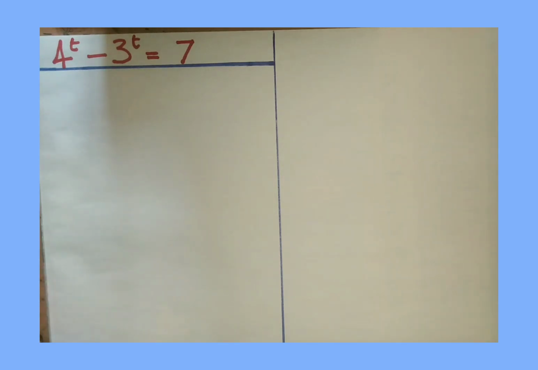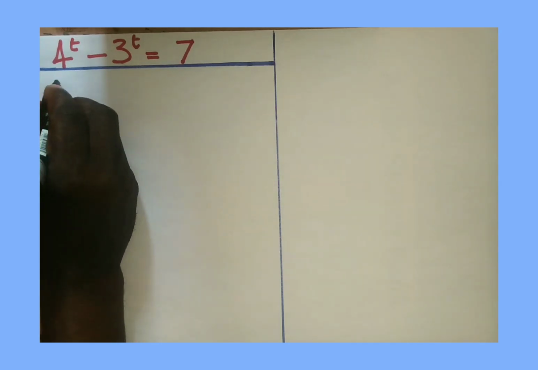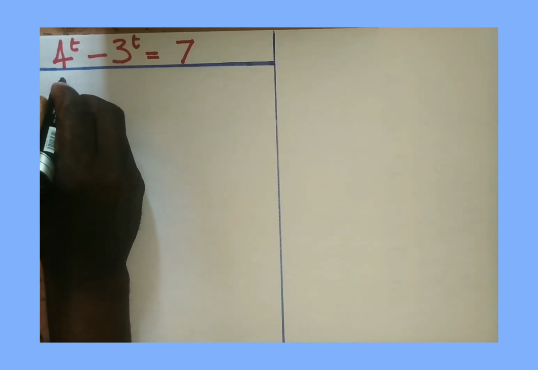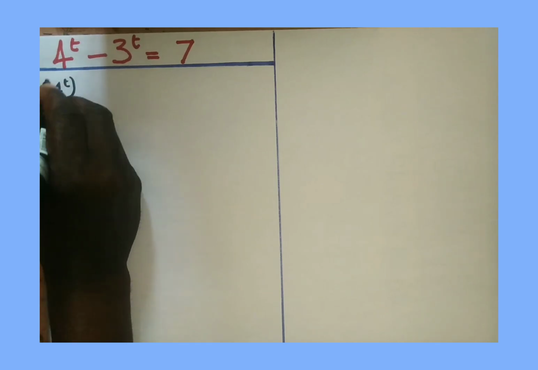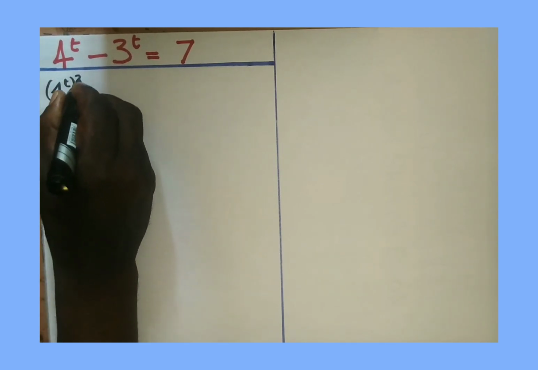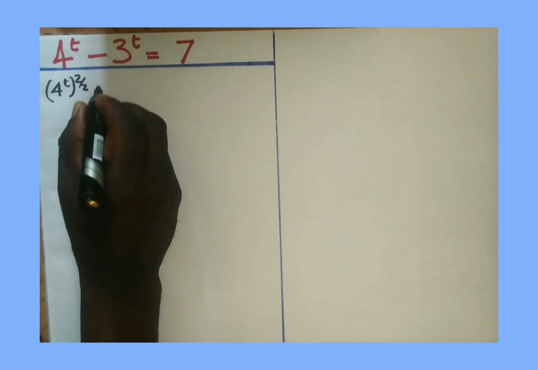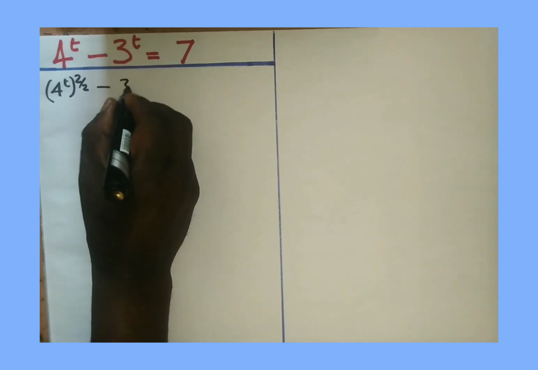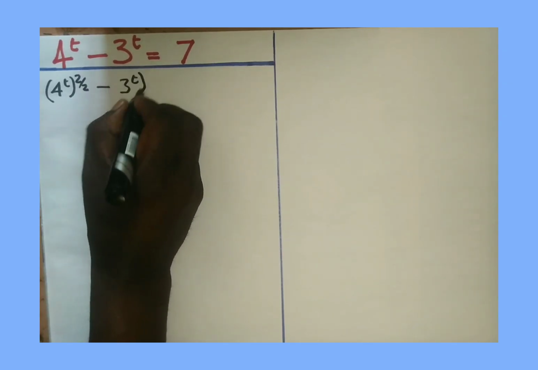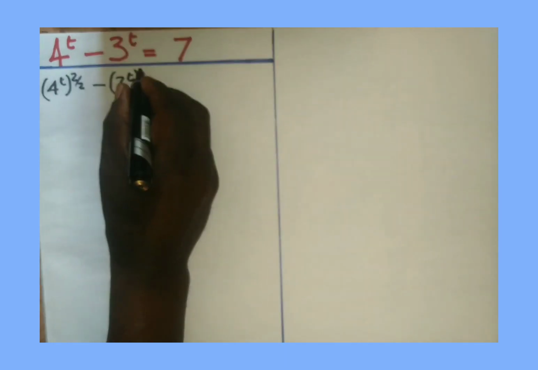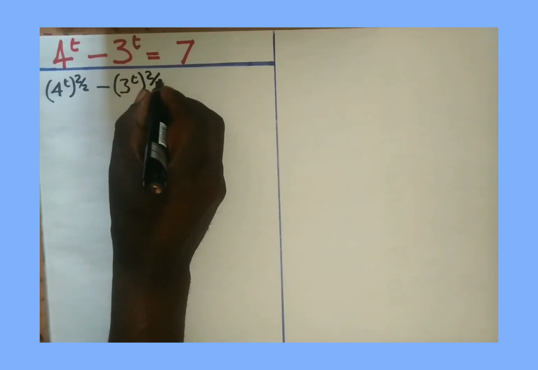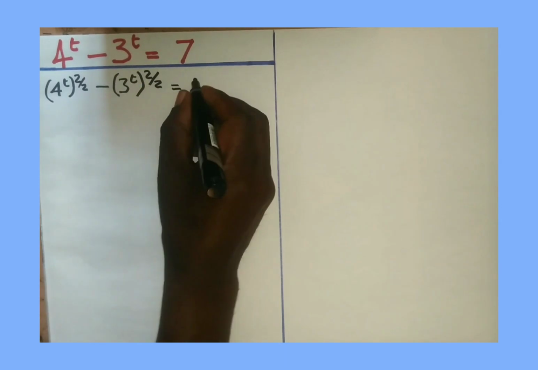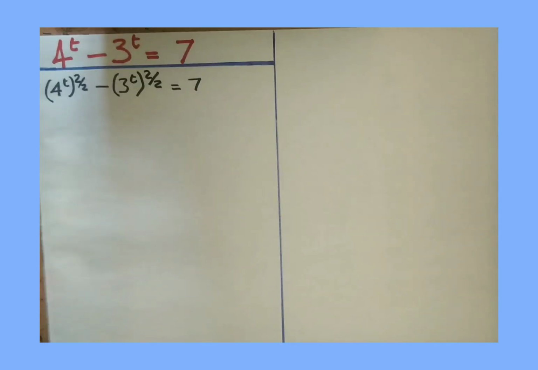So now how do we solve this? First of all, let's play around with the powers of 4 and 3. So we can write this as 4 raised to the power t, raised to the power 2 over 2, minus 3 raised to the power t in brackets, raised to the power 2 over 2, which of course is equal to 7.